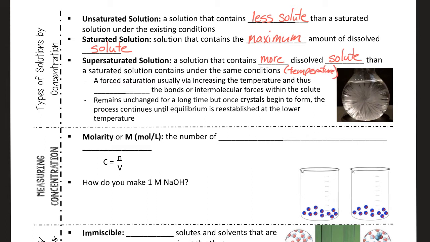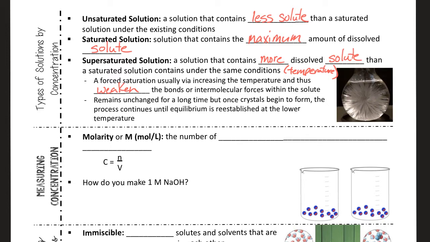So you can force a solution to become supersaturated if you increase the temperature, and when you do that, you're going to weaken the bonds or the intermolecular forces within the solute. Now, this can remain unchanged for a long time, but once crystals begin to form, the whole process is kind of like dominoes, one hitting the next, and the whole thing is going to crystallize out until you get to the solubility of the substance for the temperature that it's at.